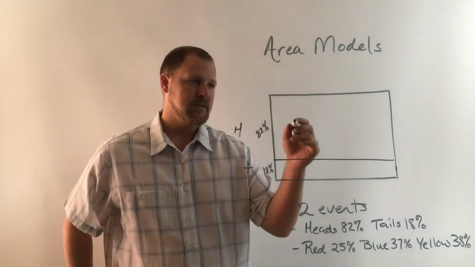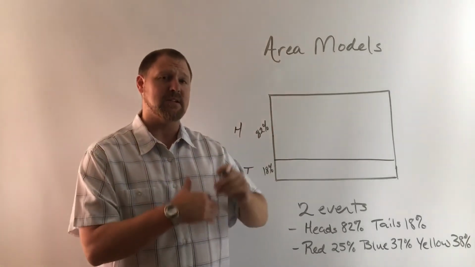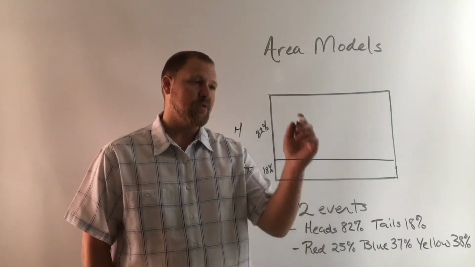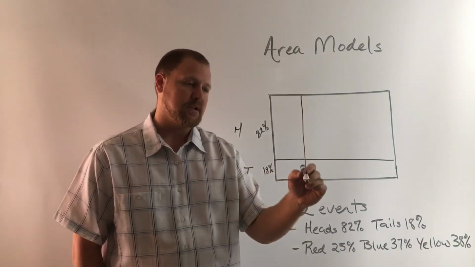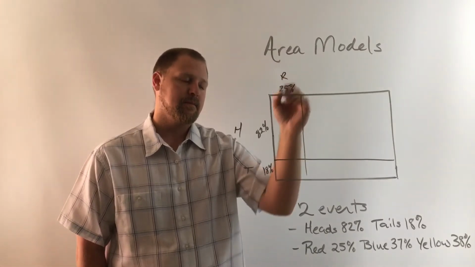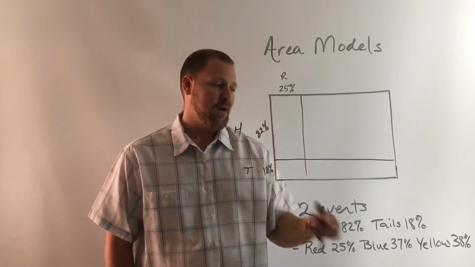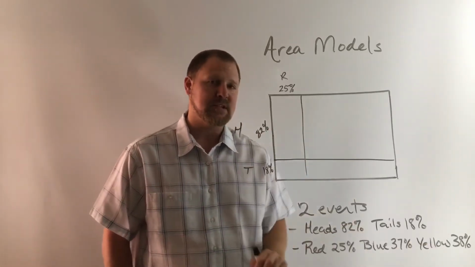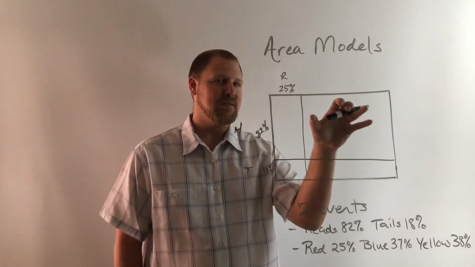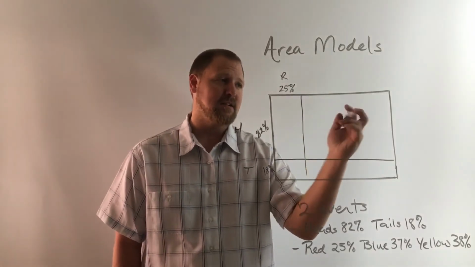Red, the color red, now we've got to go in an opposite direction. Now we don't have to go in an opposite direction, but it's going to make it easier to do that. So red is 25%, so that's approximately here. Blue is 37%, which is going to be bigger than this. However, 37 and 38%, those are pretty close to the same. So this is not going to be divided in half, but it's going to be very close to dividing this section here in half.